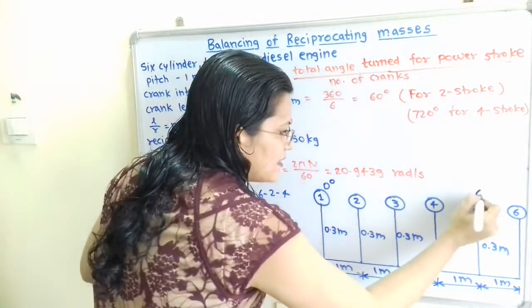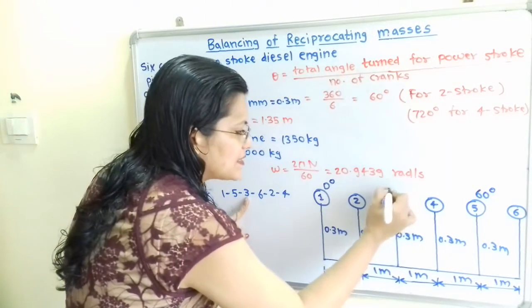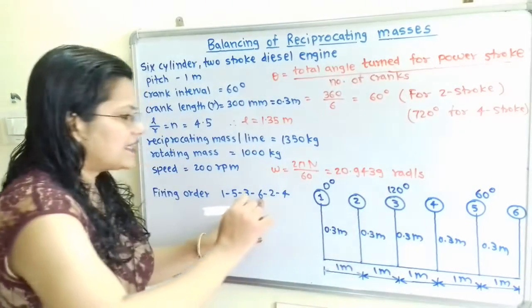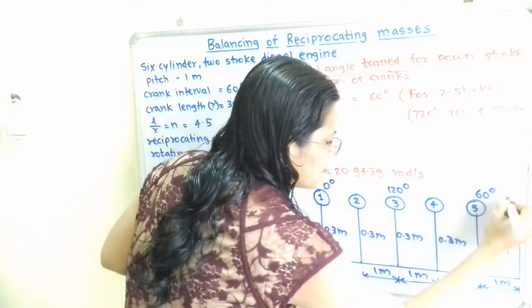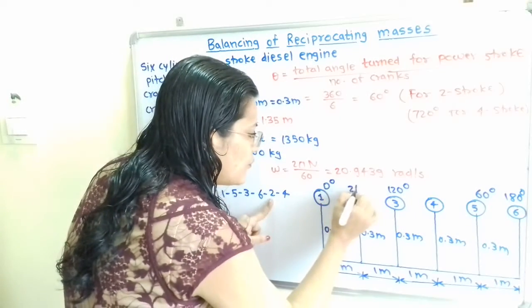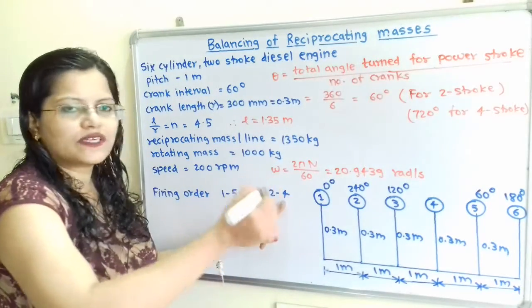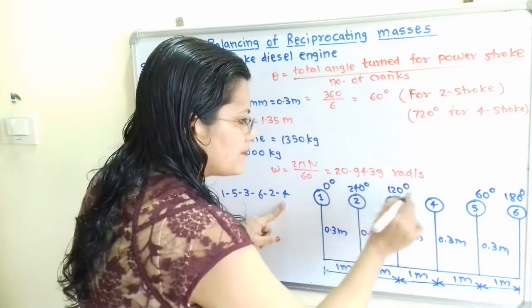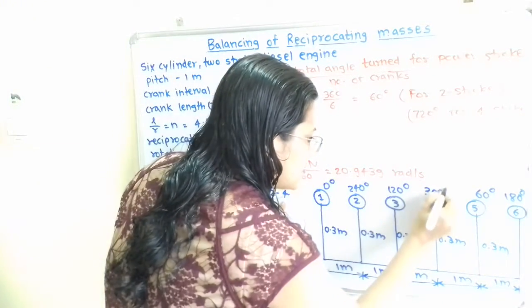So crank angle is at 60 degree, then 3, so it is 60 plus 60, that is 120 degree, then 6, that is 120 plus 60, 180 degree, then 2, 240 degree, that is 180 plus 60, 240 degree, and then the last one is 4, that is 300 degree.